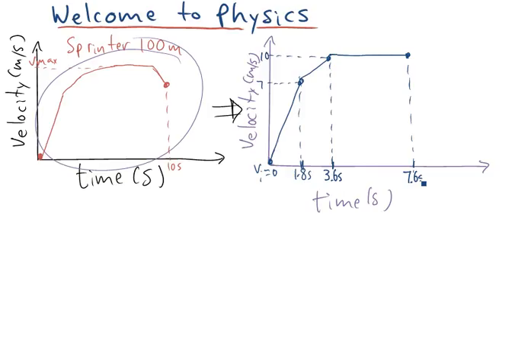After you max out your velocity, you start to get tired and you slow down, and it comes down here. Let's say this slows down all the way to 7 meters per second, which simplifies our problem. So there's my final pace.